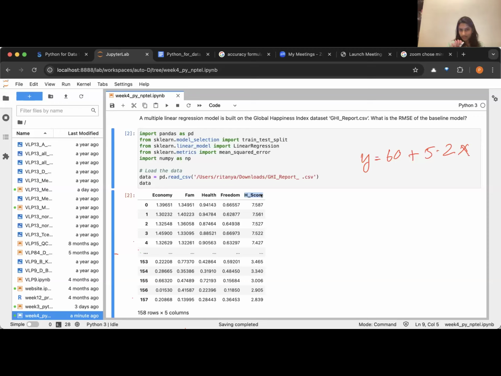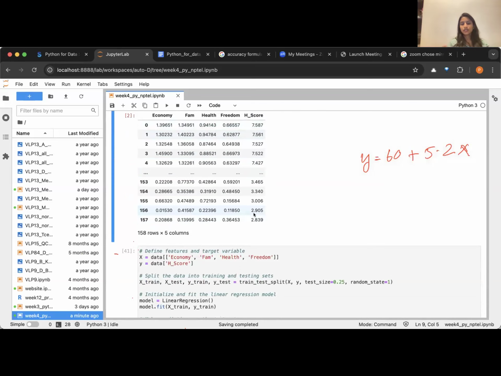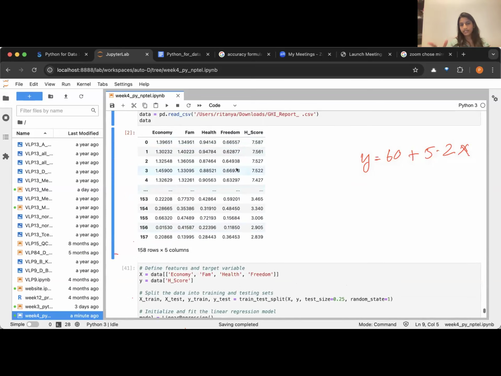Right now we don't know how it's calculated, but it's just your data set. You have a training data set, and you're trying to predict the happiness score for a test data set. So you split your given data set into training and test data. You build the model using the training data, and you supply the test data to your model.